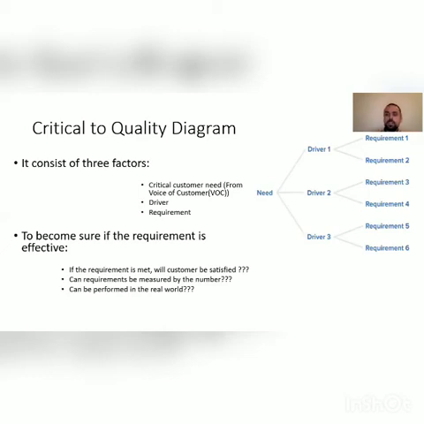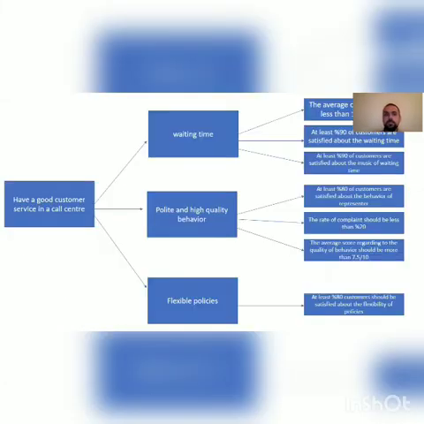Let me consider these factors in a real and practical example. For instance, our need is to have a good customer service in a call center. We have three main factors as drivers. The first one is waiting time.